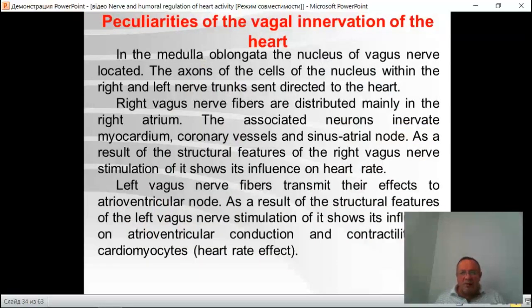Peculiarities of the vagal innervation of the heart. In the medulla oblongata, the nucleus of the vagus nerves is located. The axons of the cells of the nucleus within the right and left nerve trunks are directed to the heart. Right vagus nerve fibers are distributed mainly in the right atrium.